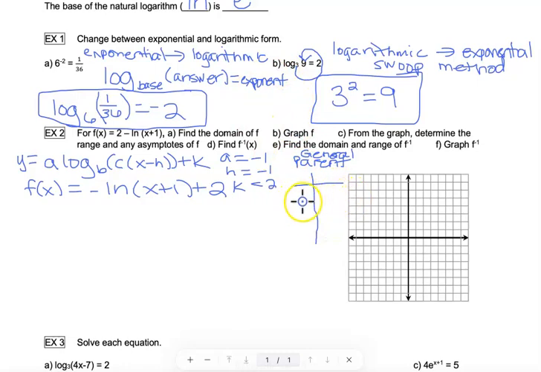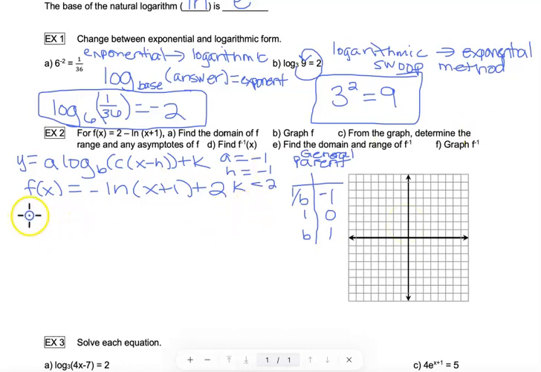So we had -1, 0, 1 for the inputs. Now they're the outputs. -1, 0, 1 for the outputs. Same 1 over b, 1, b for this time the inputs, because one of the properties of inverses is that we switch the input and the output.